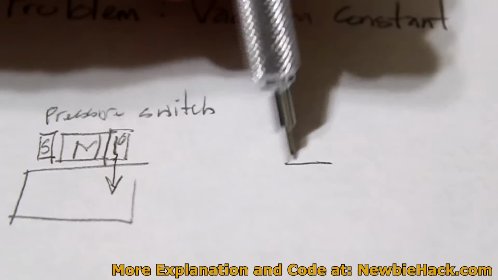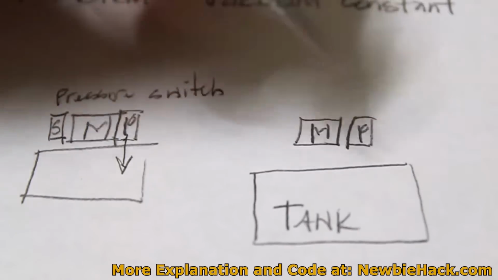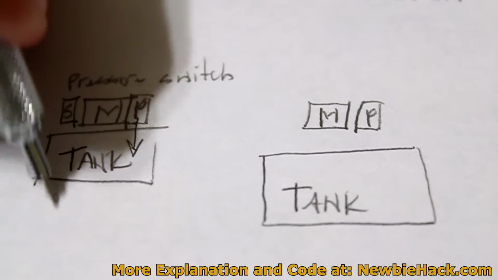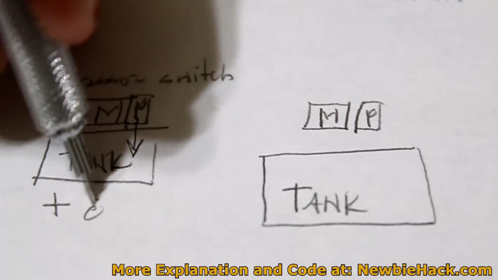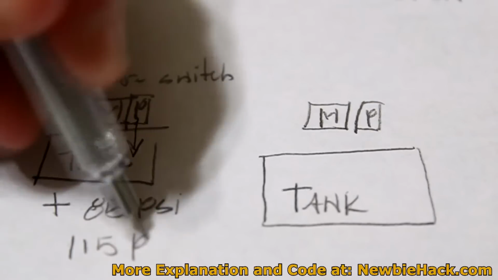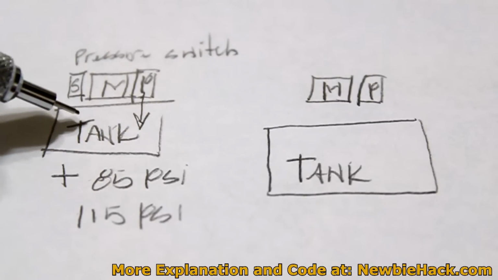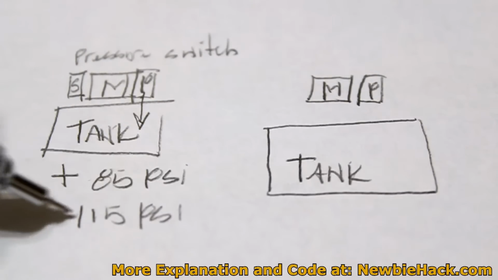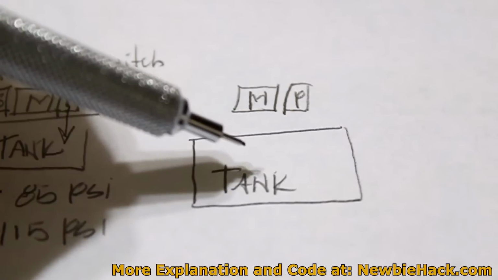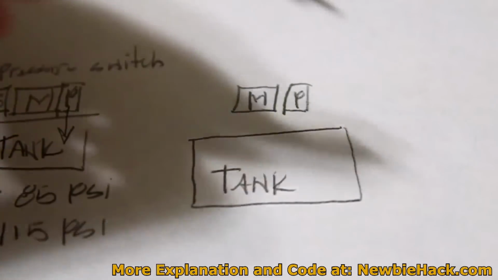So you'd have a motor, you'd also have a pump, and you'd also have a tank. In contrast to the compressor, where the tank has positive 85 psi to 115 psi, the tank would have a vacuum, let's say 0 psi to whatever equals the outside atmosphere.